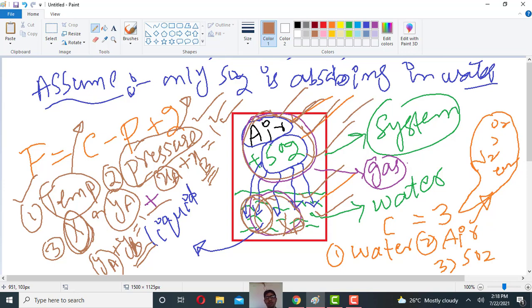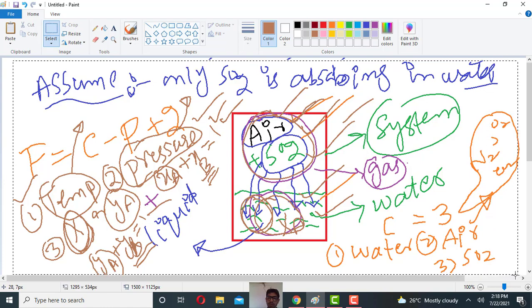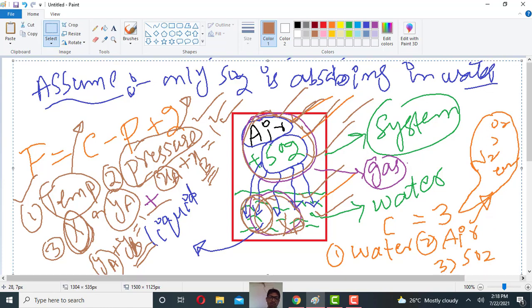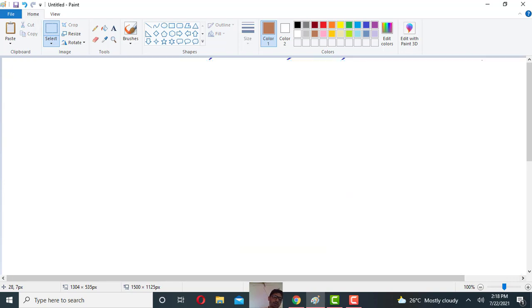So for this system of air, sulfur dioxide and water, we need 3 independent variables to completely define our system. One is the temperature, one is pressure, and the other is mole fraction, and we use the equation that the sum of mole fractions is 1.